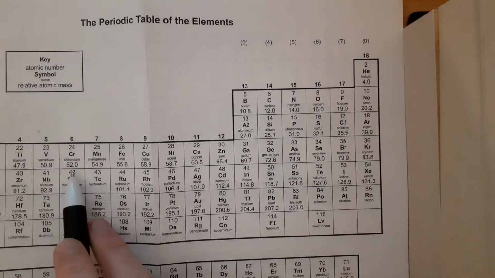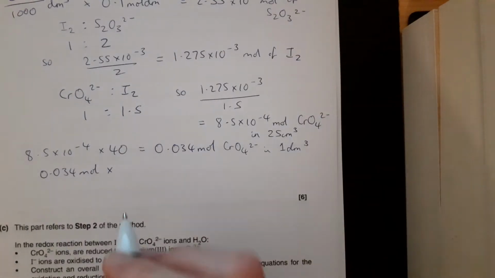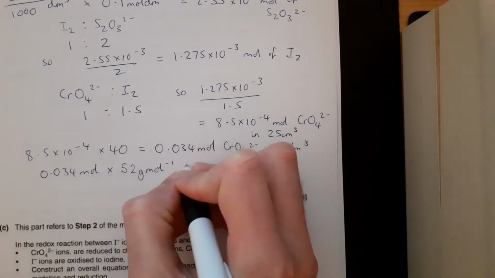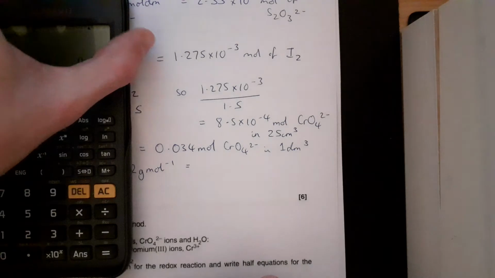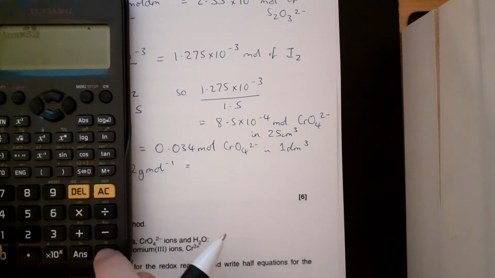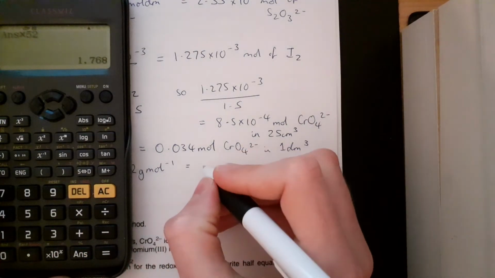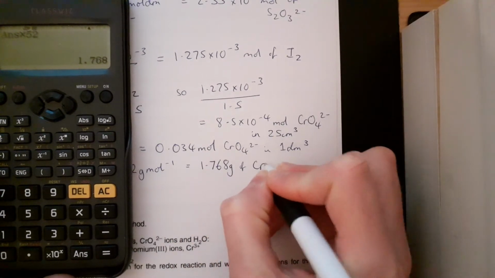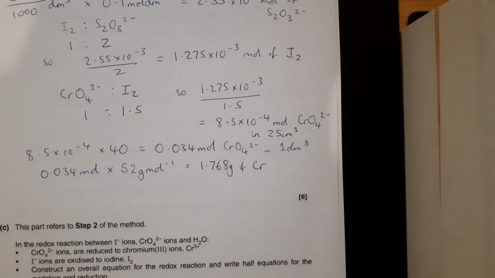Chromium's atomic mass here is 52. So we're going to times it by that. Let's work that out. 0.034 times 52 gives us 1.768 grams of chromium.